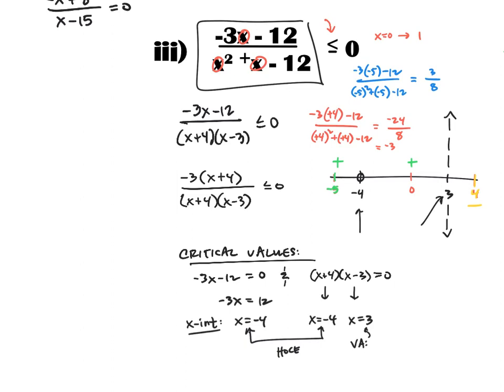Therefore, this function, negative 3x minus 12 over x squared plus x minus 12, is less than or equal to 0 on the interval from 3 to infinity.